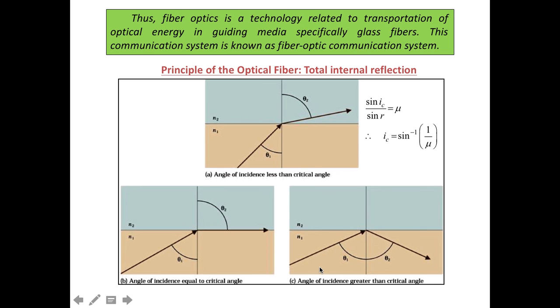Total internal reflection happens only if the angle of incidence is greater than the critical angle. Then only TIR, total internal reflection, happens, and the light ray or the signal is transmitted without decay.